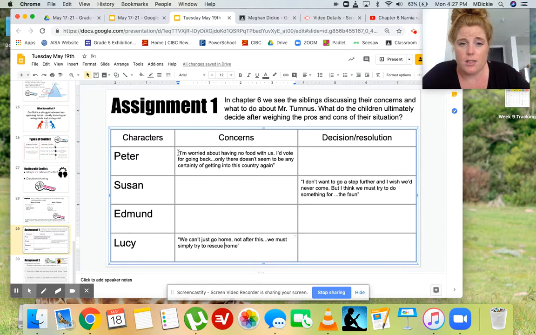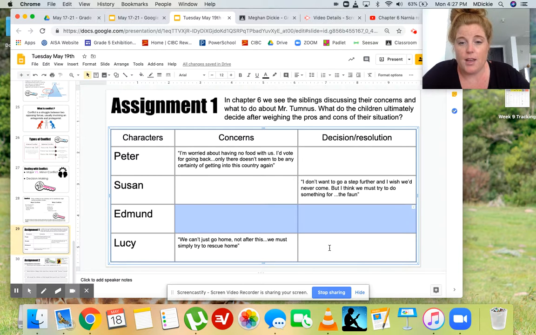Okay, so you can see in quotes here, this is what Peter thought. He said, "I am worried about having no food with us. I'd vote for going back, only there doesn't seem to be any certainty of getting into this country again." So you're going to fill in all these empty boxes and tell me, what was his final decision? Okay? What was the resolution? What did he decide to do? And you're going to do the same for Susan, for Edmund, and for Lucy.